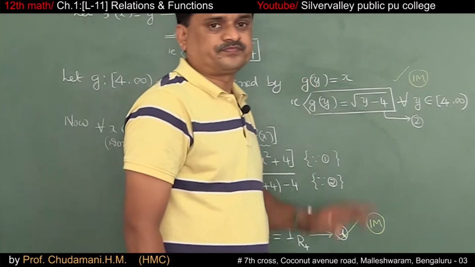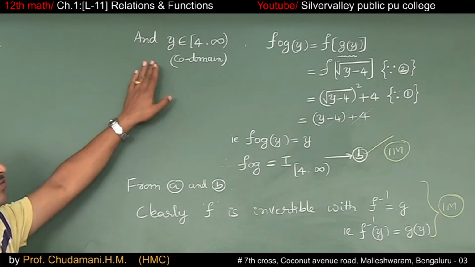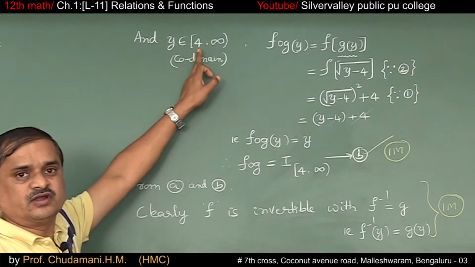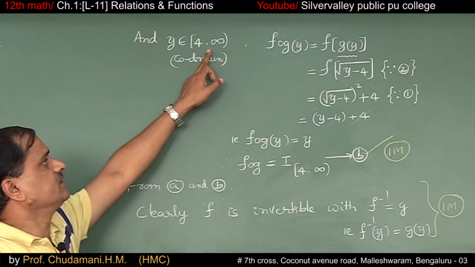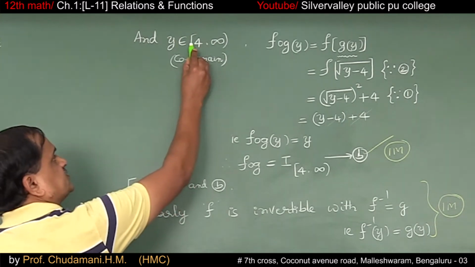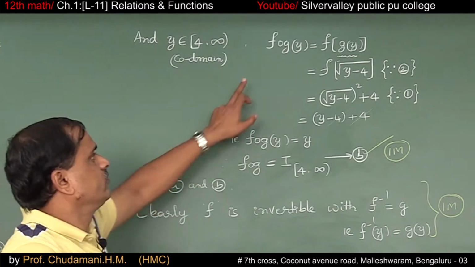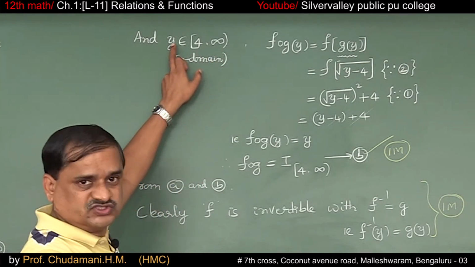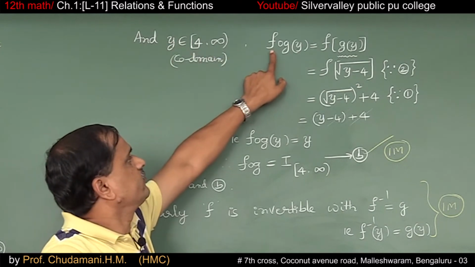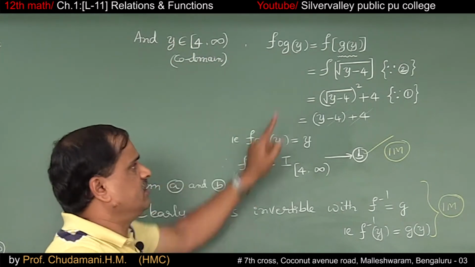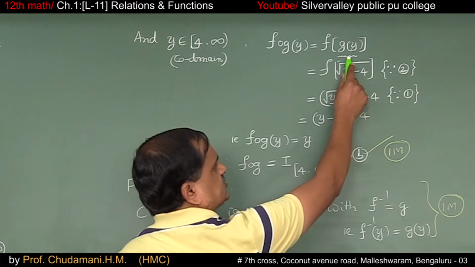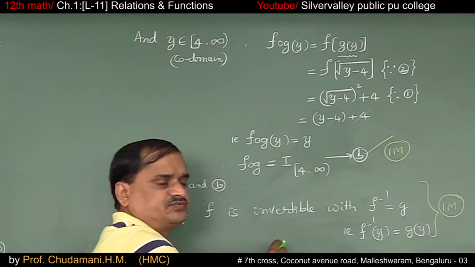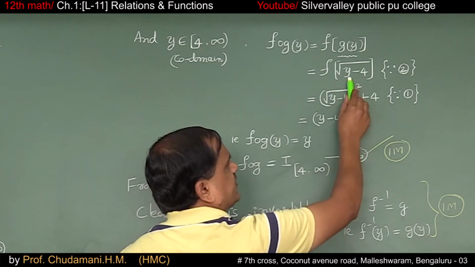Okay. And y belongs to the codomain, that is the closed interval 4 up to plus infinity. So f o g of y: you need to operate g first, so f of g of y. What is g of y actually? g of y is, using equation 2, root of y minus 4. This is just like f of x.